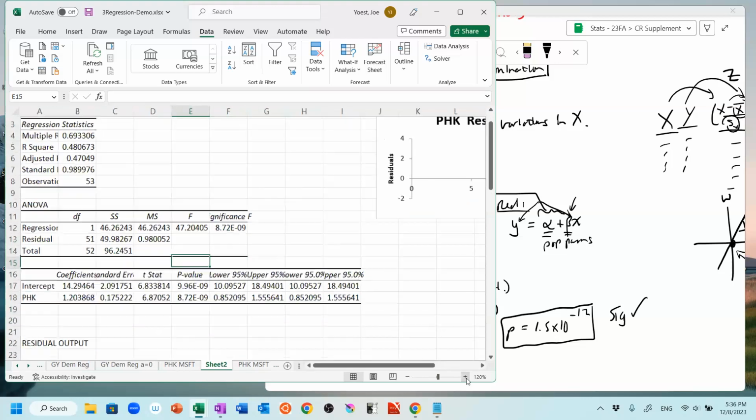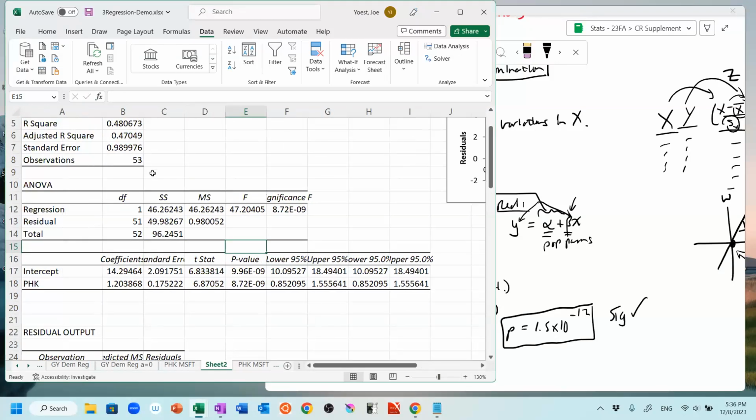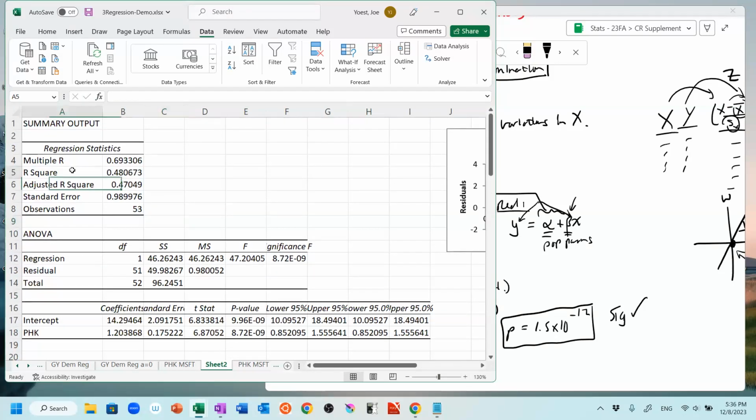And let me zoom in a little bit, clean this up a bit. So again, I see my R squared of 48%. So this model is explaining about 48% of what's going on with Microsoft using PIMCO.